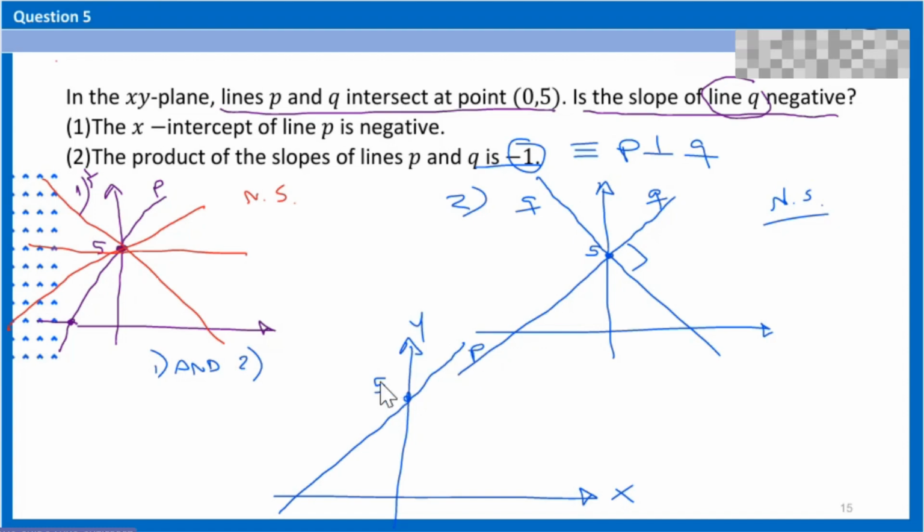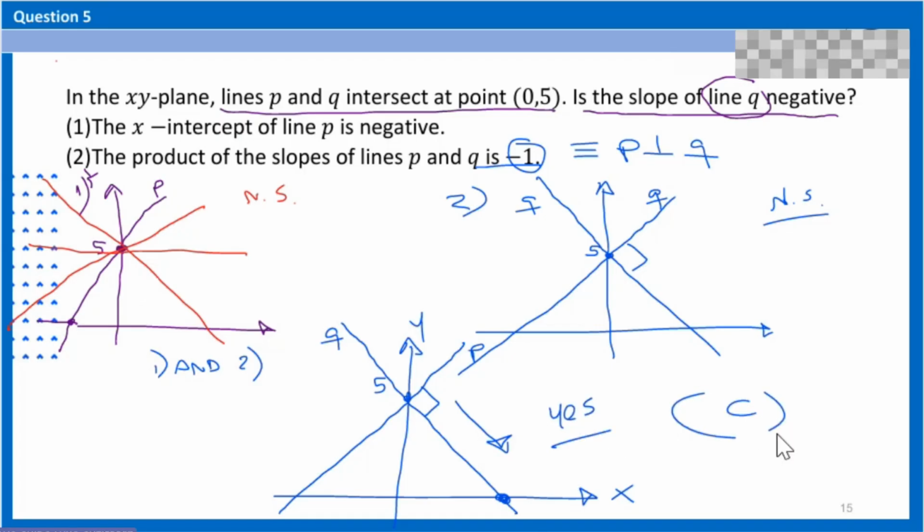But if the second statement is true at the same time, then the other line must be perpendicular to P, making that line Q, which clearly would have negative slope. Notice the orientation, descending from left to right. So the answer to the question is affirmative, and it's unique. So the correct choice is option C.